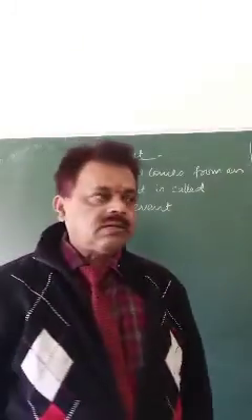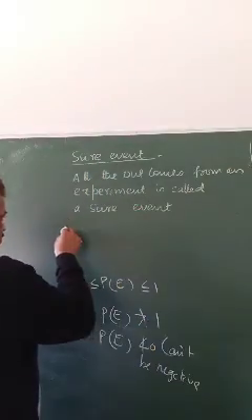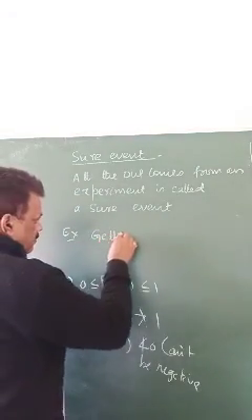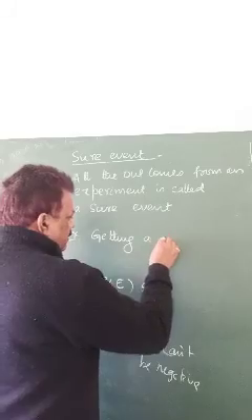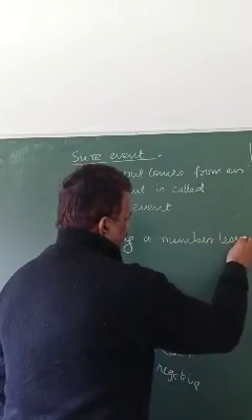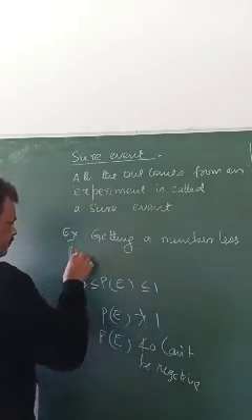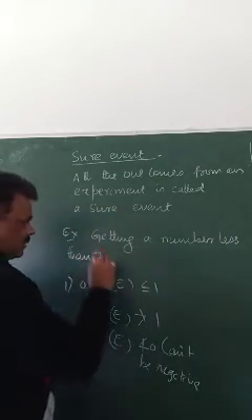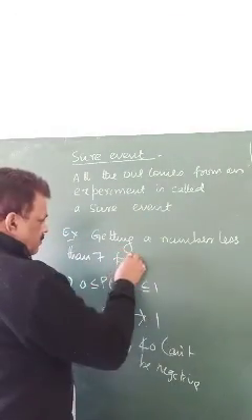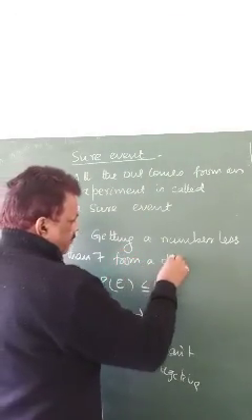What is that meaning? Now suppose, for example, getting a number less than 7 from a die.